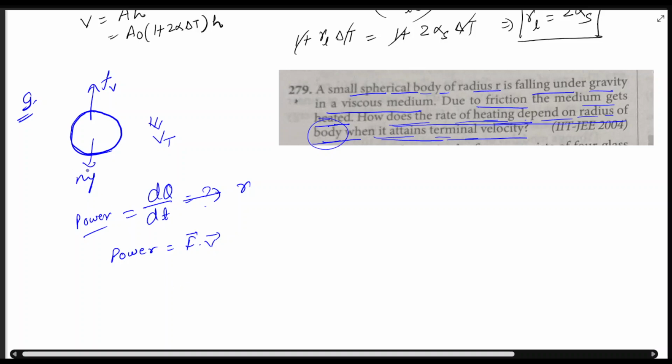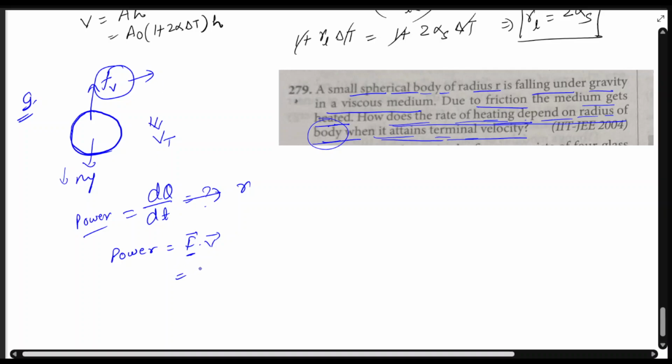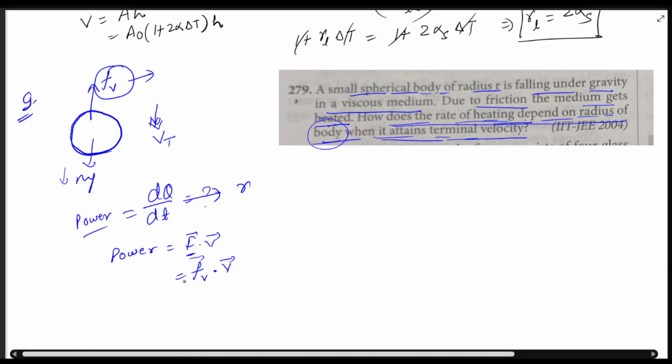Now look, mg is pulling it downward, but the heating happens due to the viscous force. So we write the viscous force, Fv into v vector. Of course it will come out negative because the force is upward and the motion is downward. So the power is negative. It means it is taking energy, it is heating up the liquid. The viscous force formula is 6 pi eta r v, and this is v, so it will be v square.